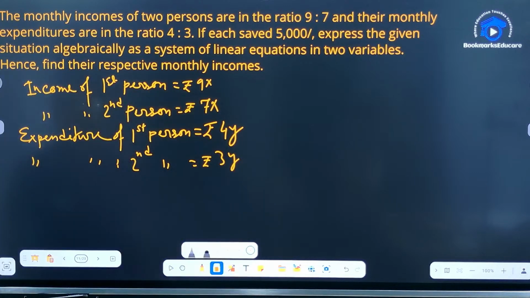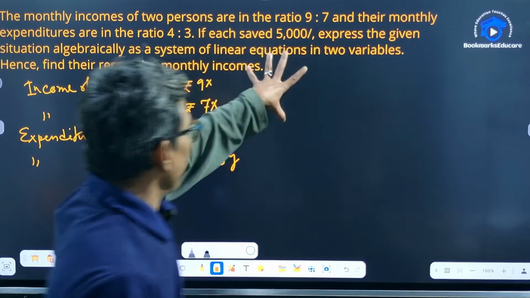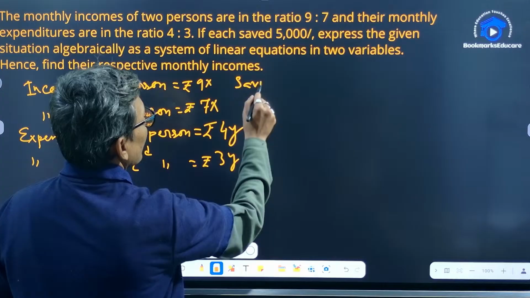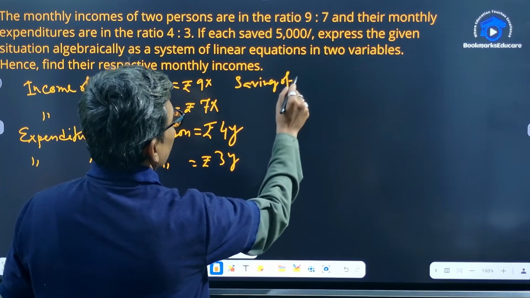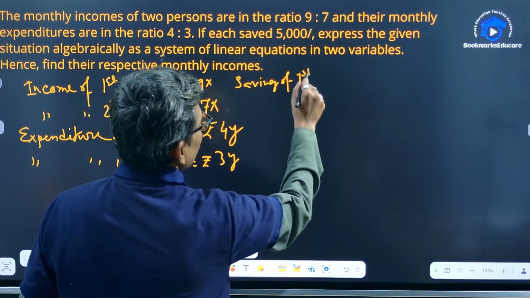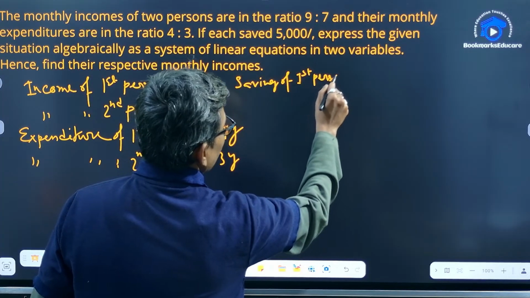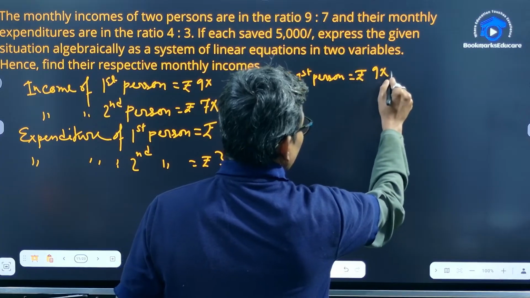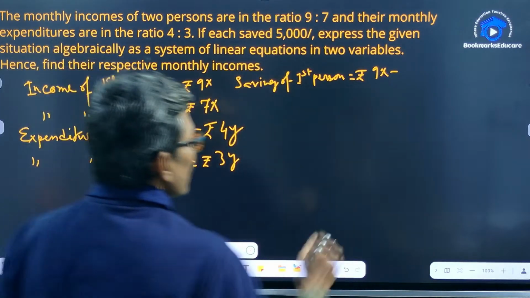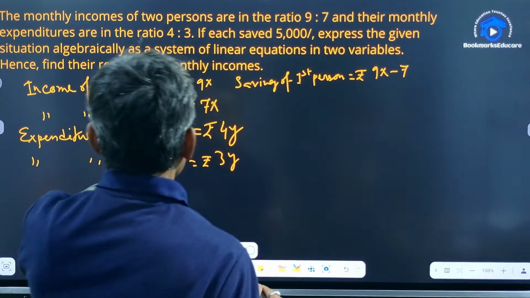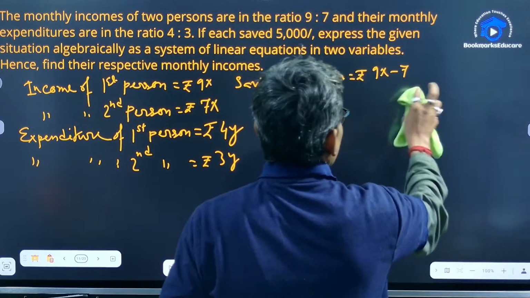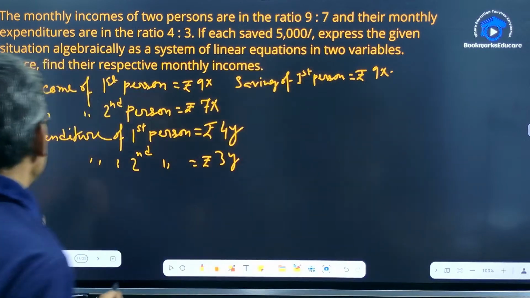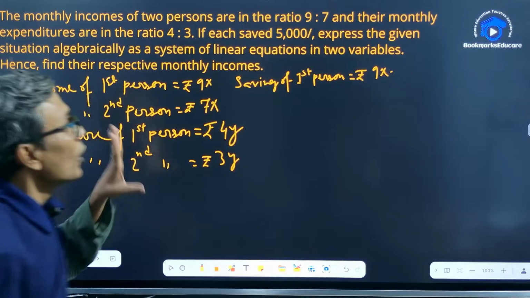So saving, if each saved, so saving of first person is income minus expenditure. फर्स्ट पर्सन का इनकम क्या है 9x और एक्सपेंडिचर क्या है 4y.